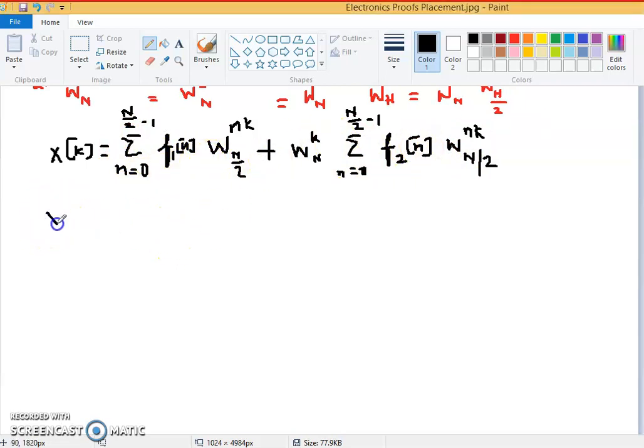So X[k] can be written as, just as we denote the DFT of x[n] by capital X[k], similarly we write the DFT of f1[n] as F1[k], capital F1[k], plus W_N^k F2[k].